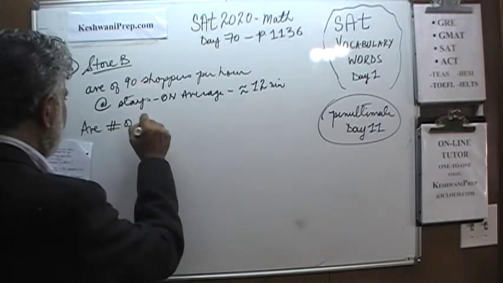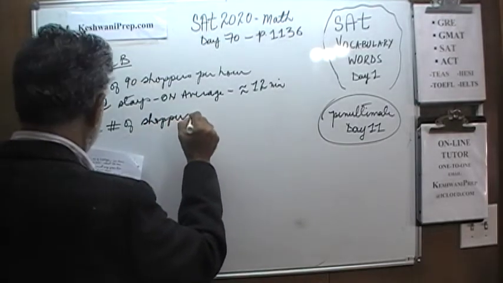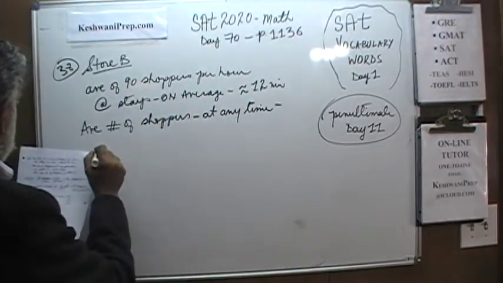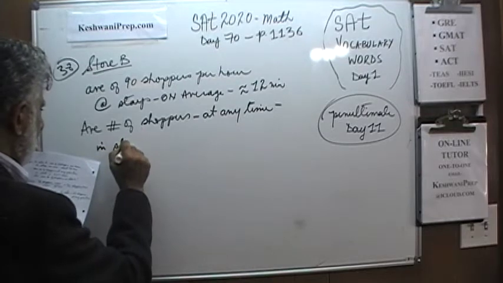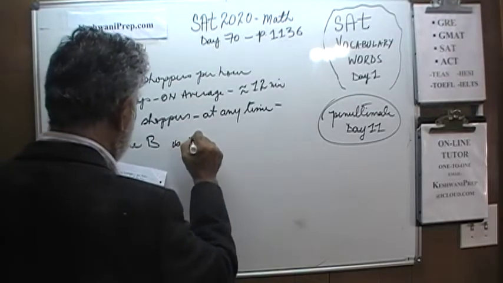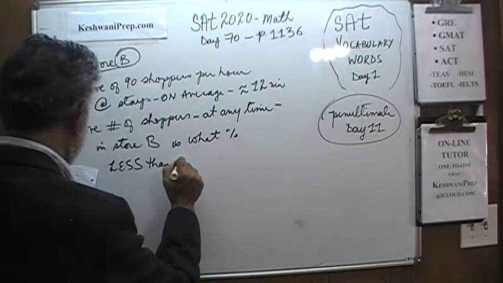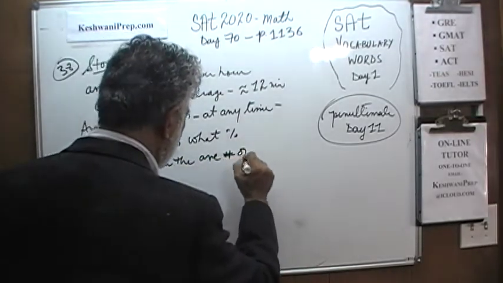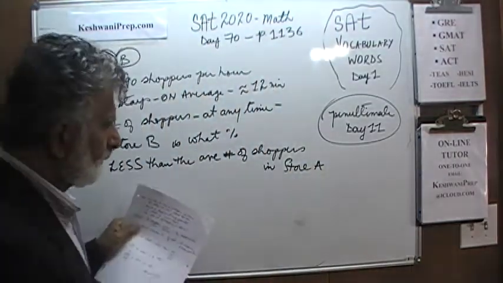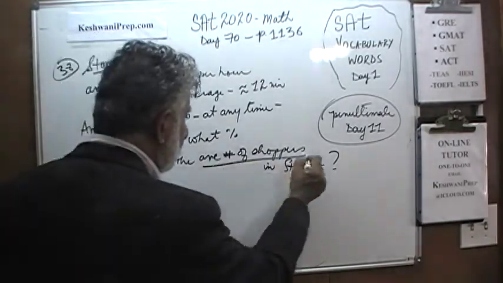So here's the question. The average number of shoppers at any time in store B, this store that we're dealing with, is what percent less than the average number of shoppers in store A. And we already know, we made a note of it last time, that the average number of shoppers in store A is 45.